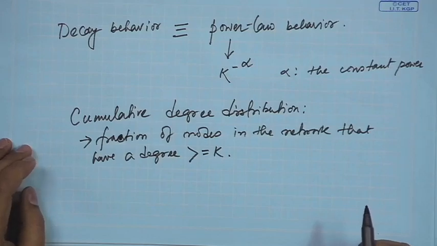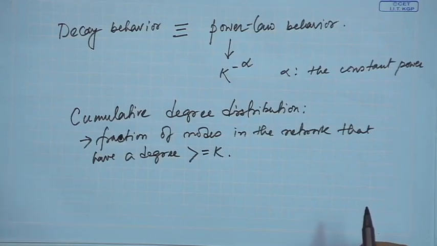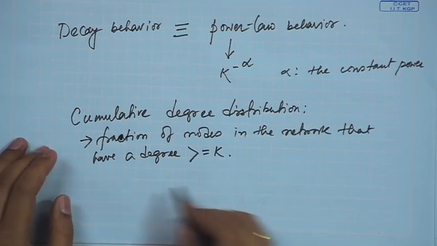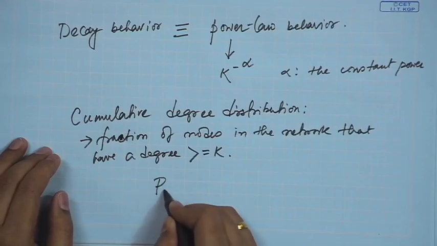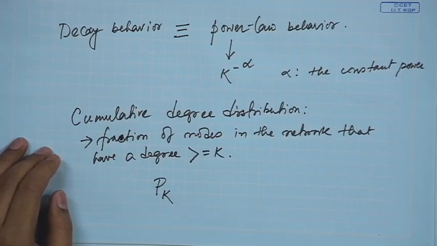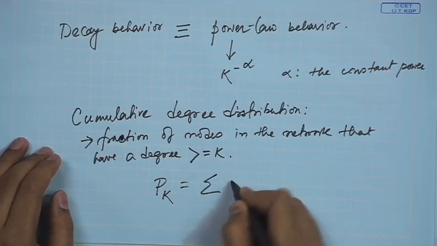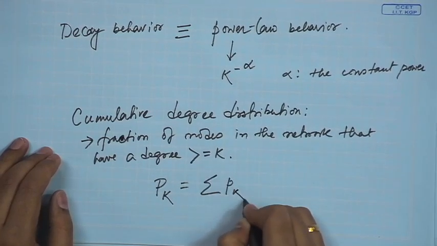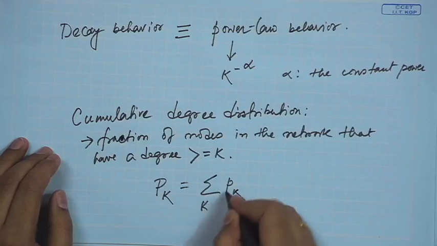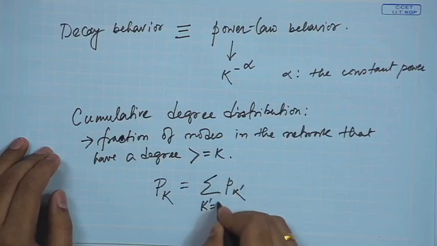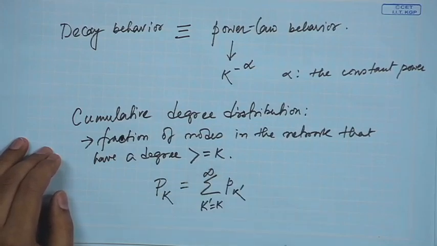You have this loose constraint. The expression then translates the original degree distribution into a cumulative degree distribution by summing small p_k from k to infinity.